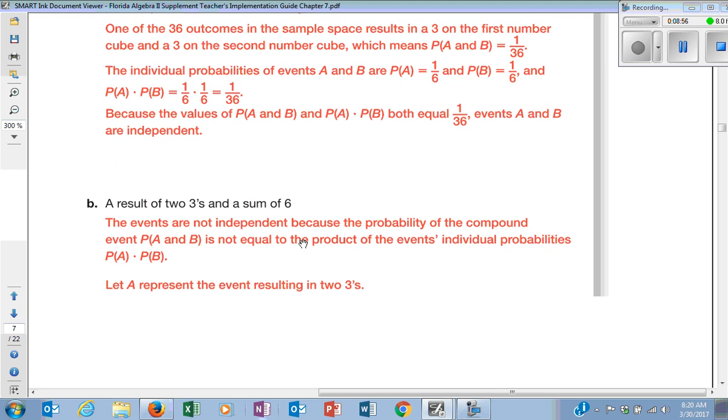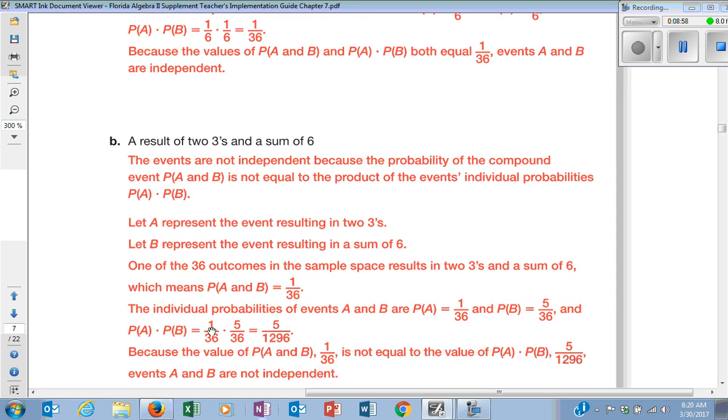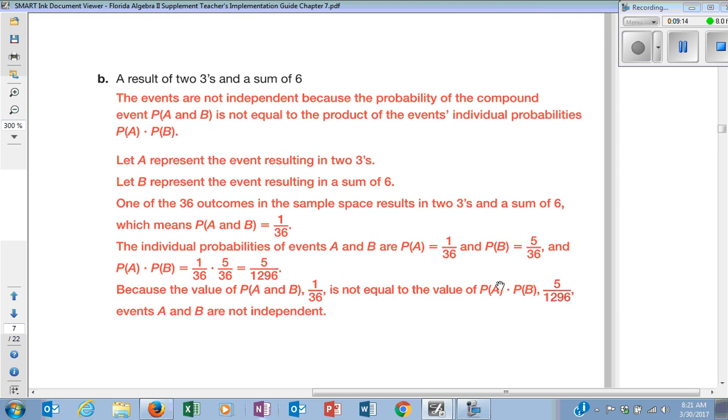And so what did they do with those two things? They took 1 out of 36 and multiplied it by 5 out of 36, and when you get that, you get this number. Are these two the same? No. Is what I actually, real data, the same as when I multiplied them? No. What does that mean? The events are not independent.